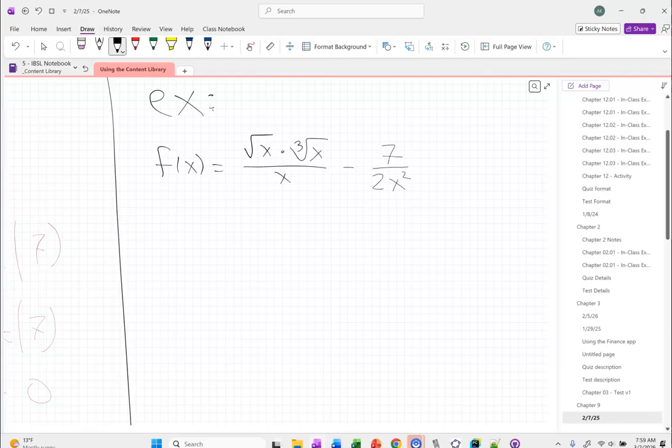So here's a new function that we're looking to take the derivative of. Notice here that right away, I noticed two things that weren't taking place in the previous problem. I have multiplication and division that involves the variable, right?